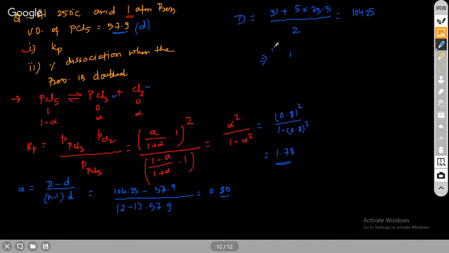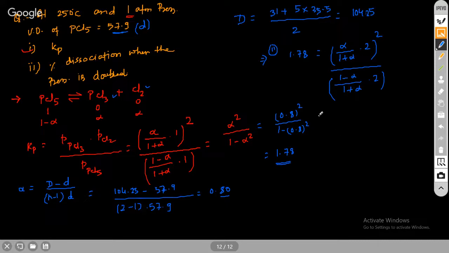1.78 for the second portion. 1.78 is Kp, which equals alpha square, alpha by 1 plus alpha into 2 whole square, divided by 1 minus alpha divided by 1 plus alpha into 2. This is the expression we have.